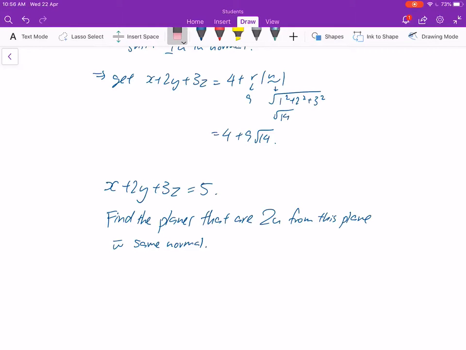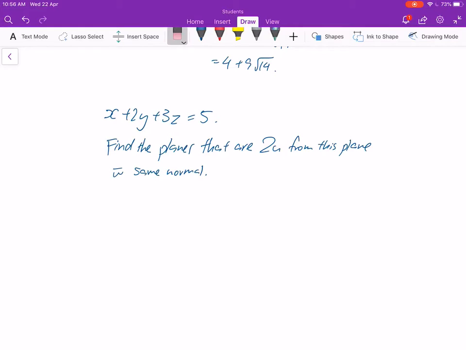Actually, just like this. Find the planes that are 2 units from this plane with the same normal. Okay, from here you can understand it is like this shift question, correct? Just a paraphrase. In fact, they don't have to give you the last part, and they have all rights to expect that you should know. Find the planes that are 2 units from this plane.